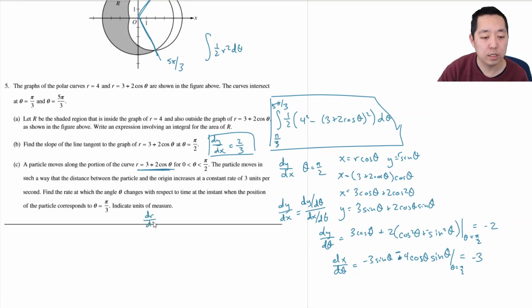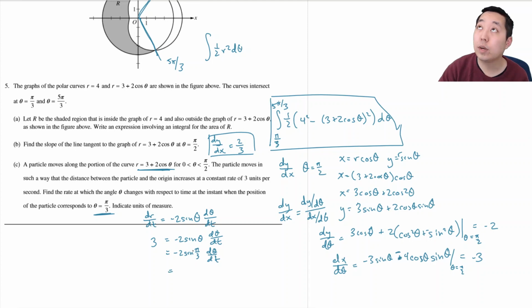dr dt is equal to, derivative of 3 is 0, negative 2 sine theta. Then by chain rule, I've got to do d theta dt. This is a related rate. They're saying dr dt is 3, which is equal to negative 2 sine theta d theta dt. And my goal is to find d theta dt. Now this depends on theta, but they tell you theta is pi over 3. So this is negative 2 sine pi over 3 d theta dt.